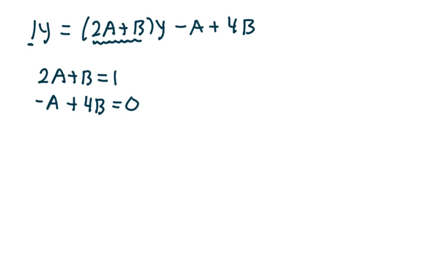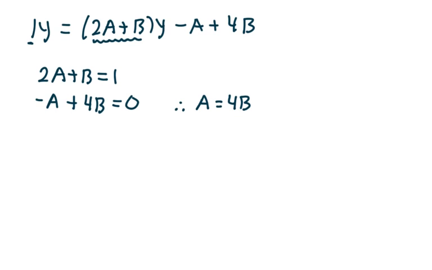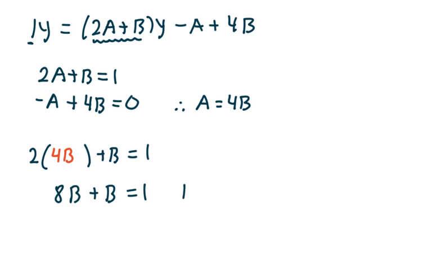Now, what this says is A is equal to 4B. And I could do a substitution into the first equation. So 2 times (4B) plus B equals 1. So 8B + B equals 1, and so B is 1/9. And then A is 4/9.